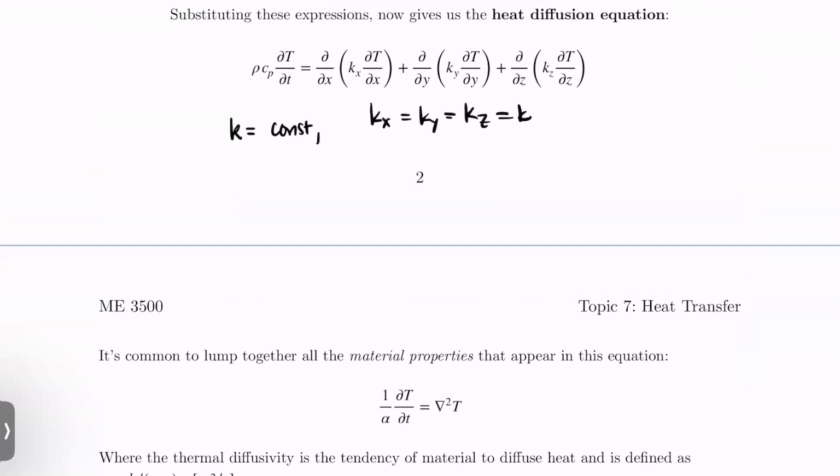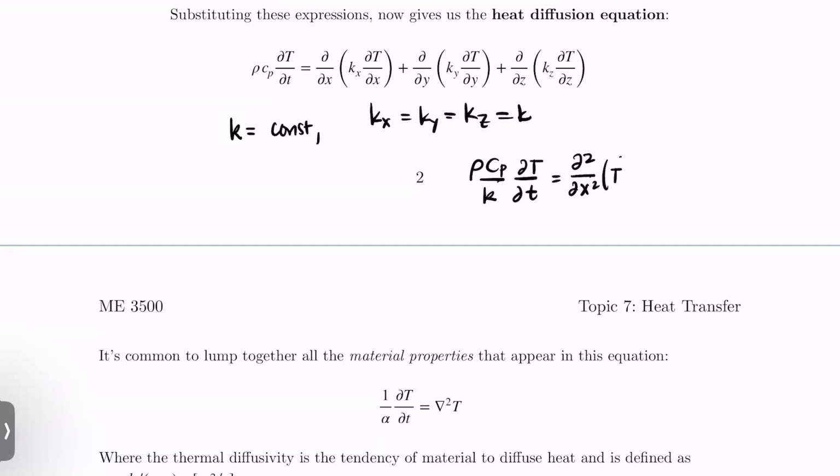What's common to do is to lump together all the material properties that appear in this equation. So density, heat capacity, which is Cp, and K, those are all material properties, so it's pretty common to put them all together. We divide through by K and we get rho Cp over K on the left-hand side. I'm just going to write that algebra down right now.